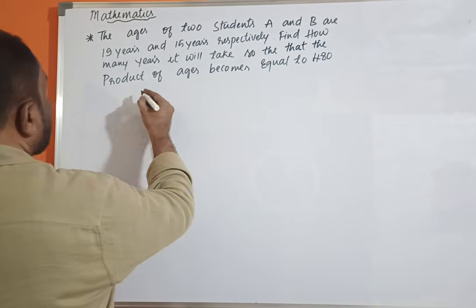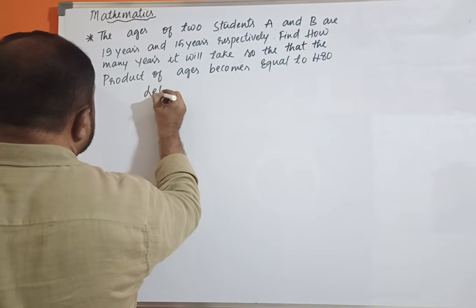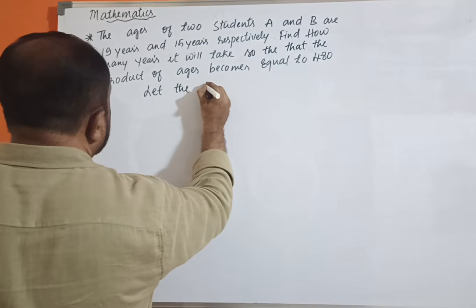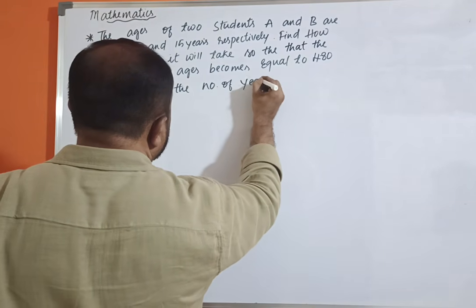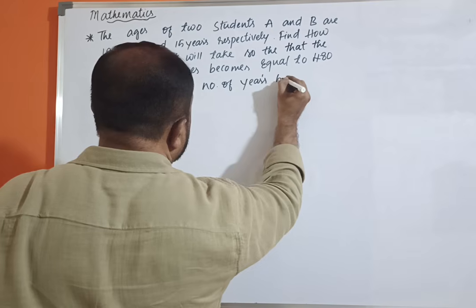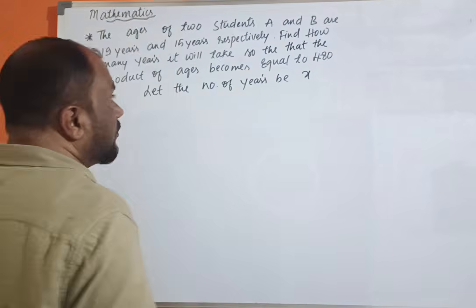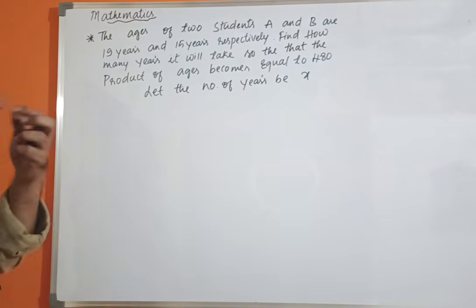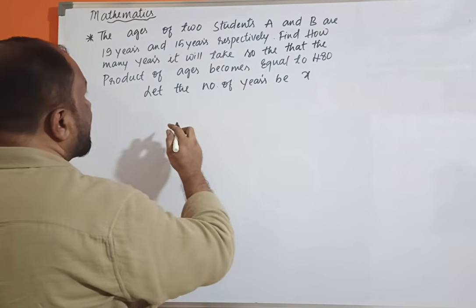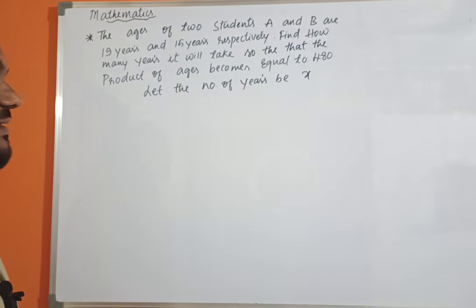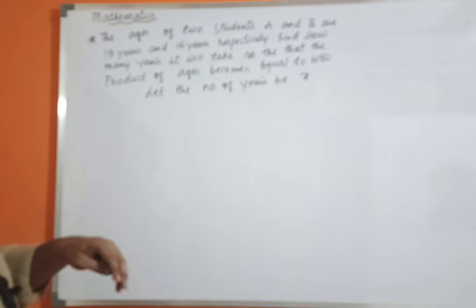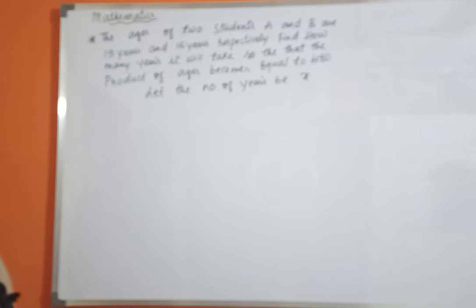So let the number of years be x. We are considering what? Number of years be x. So when you add x to A age, it becomes 19 plus x. And x to B age, it becomes 15 plus x.